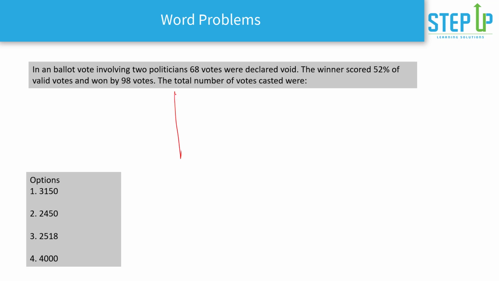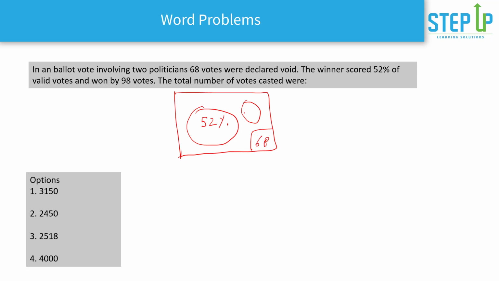Okay, let's assume the total votes cast are here. Now they're saying some of the votes are void. So how many are void? Let's say 68. And let's say this is the total area. The winner who got 52% votes, let's say he's here, and then of course of the valid votes, the remaining would be with this guy, which is 48%.